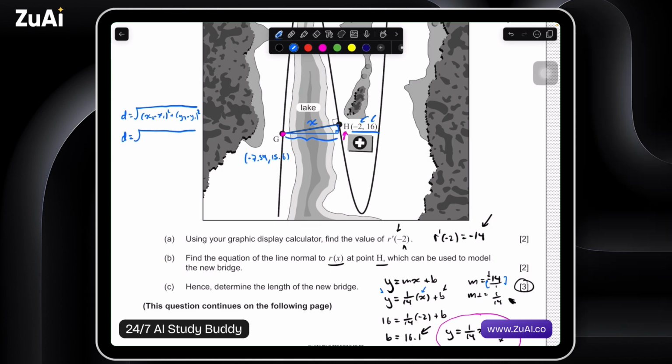This is going to be negative 7.54 minus negative 2, watch your negatives here, squared, plus, and this is me running out of space, 15.6 up to 16 is actually just going to be 0.4, so 0.4 squared. If you need to see, y2 minus y1, 16 minus 15.6.